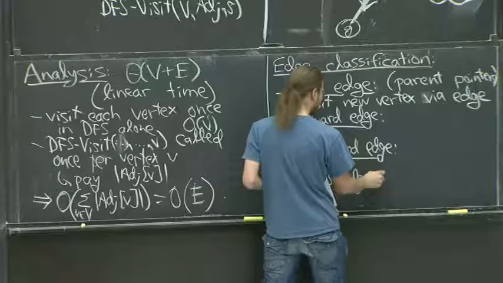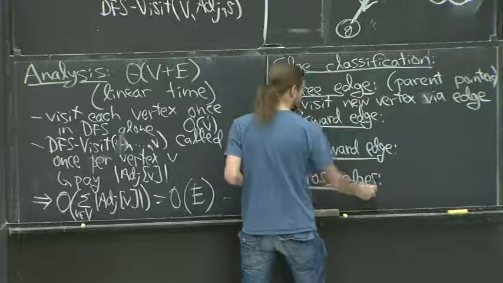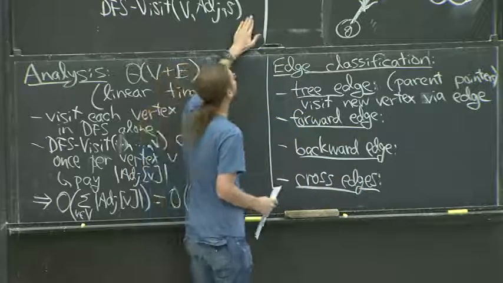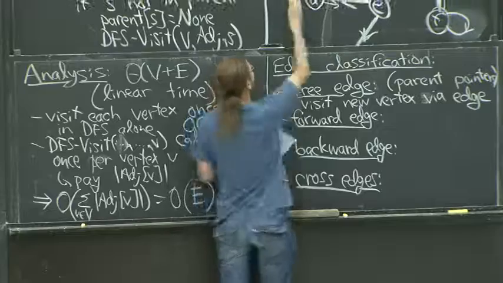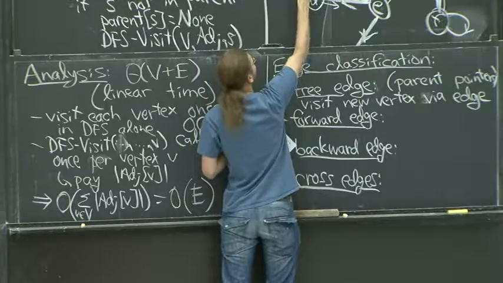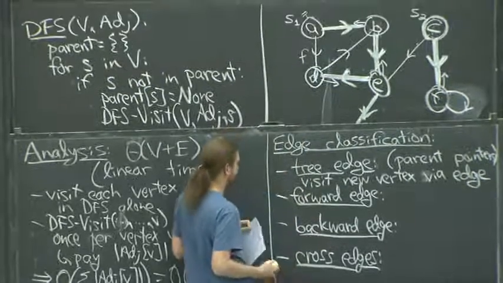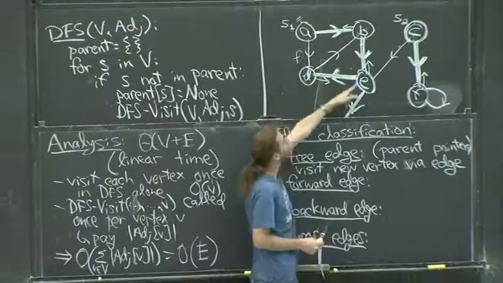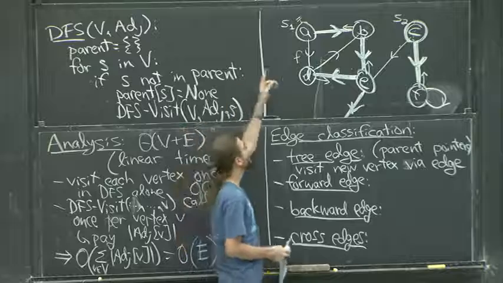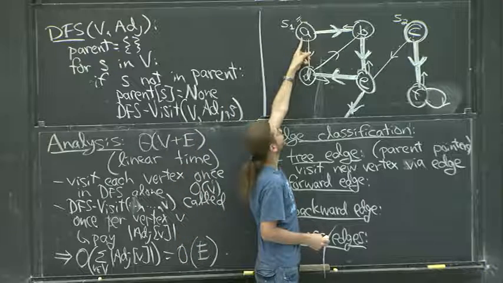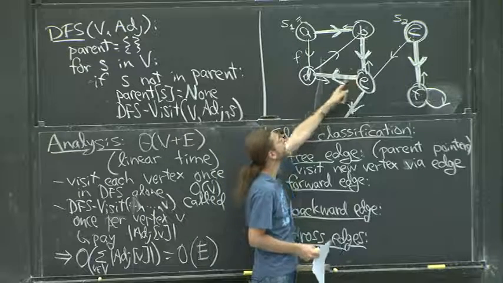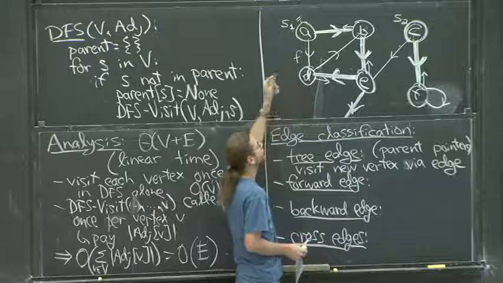Some of these are more useful to distinguish than others, but it doesn't hurt to have them all. So, for example, this edge I'm going to call a forward edge. Just write F, that's unambiguous. Because it goes, in some sense, forward along the tree. It goes from the root of this tree to a descendant. There is a path in the tree from A to D, so we call it a forward edge.